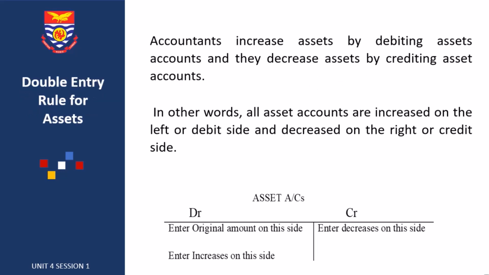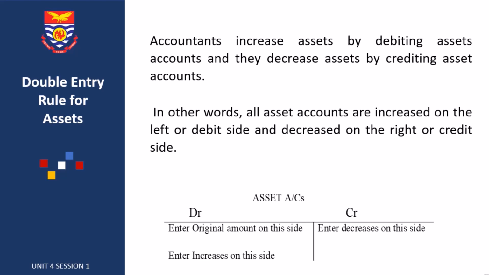Double entry rule for assets. Accountants increase assets by debiting the asset account, and they decrease assets by crediting the asset account. In other words, all asset accounts are increased on the left or debit side and decreased on the right or credit side.